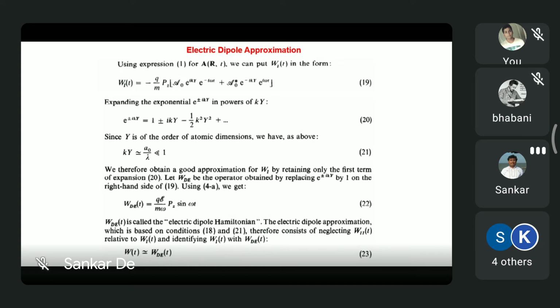So when you are calculating W2, you will again have an exponential of e to the power plus minus iky.